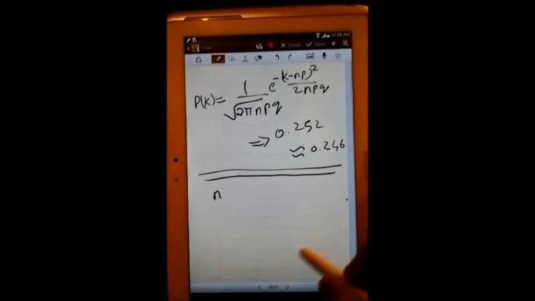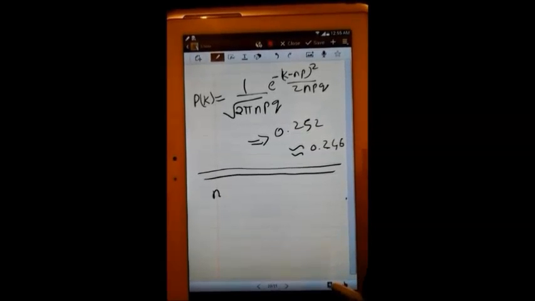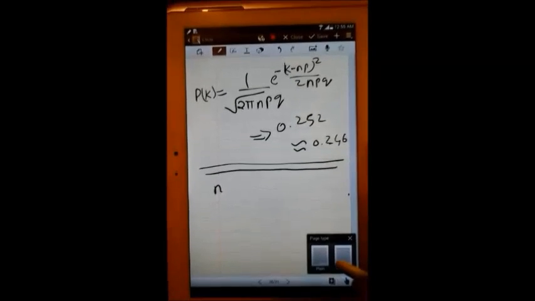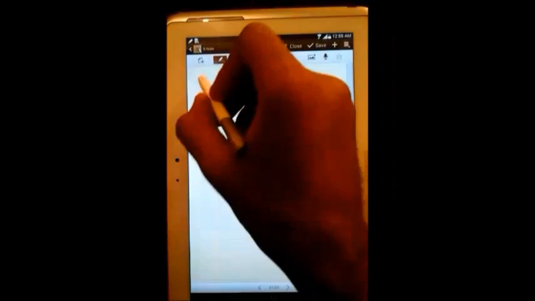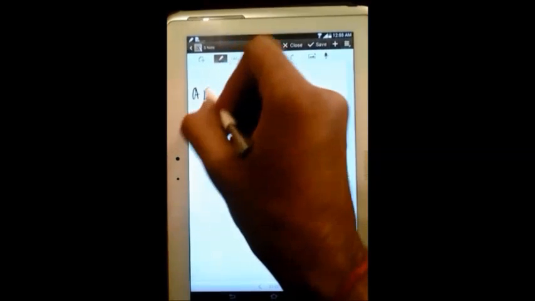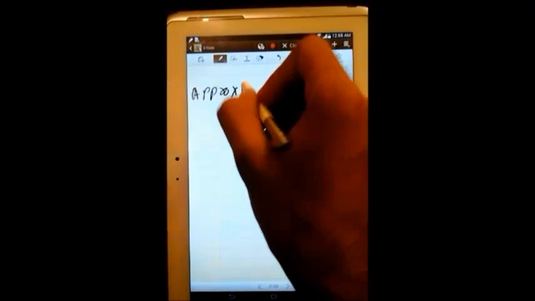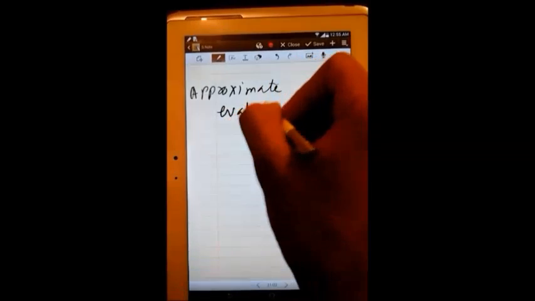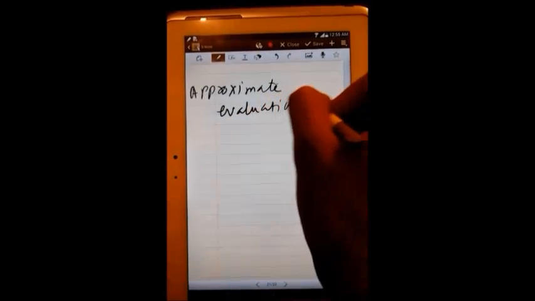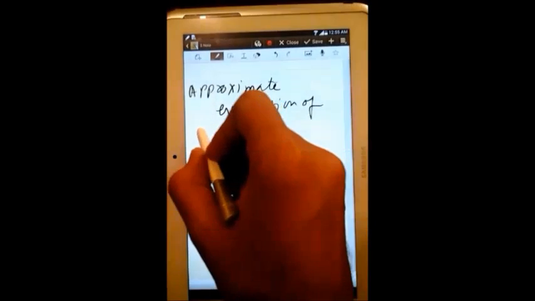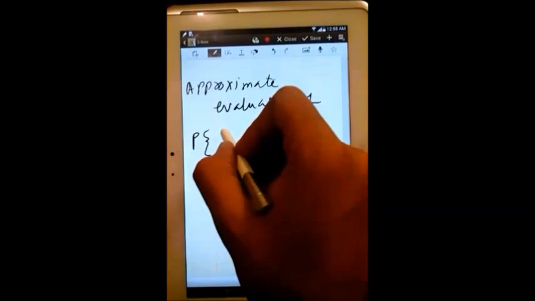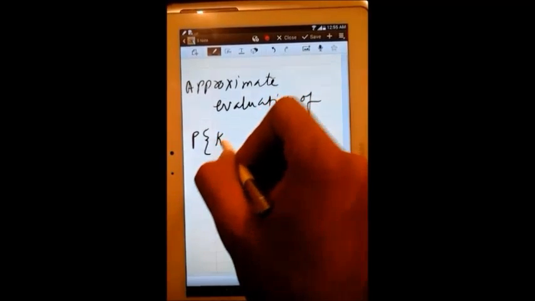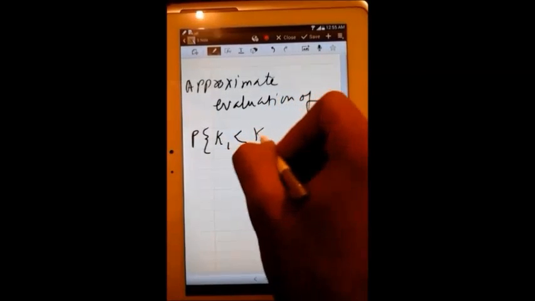And now taking the discussion further to the approximate evaluation of P, where K is between K1 and K2.